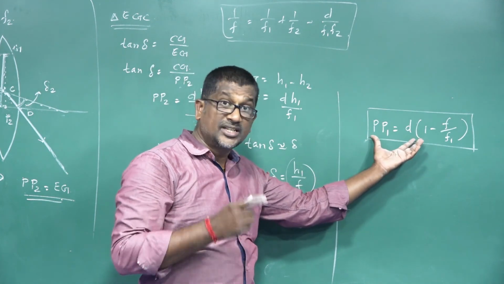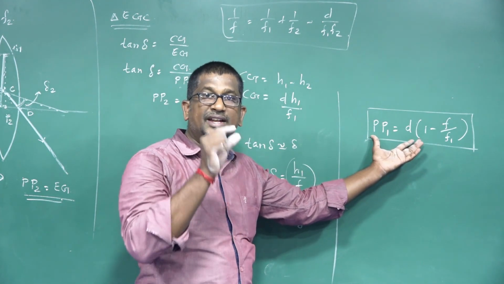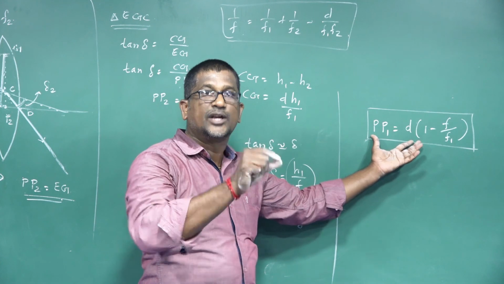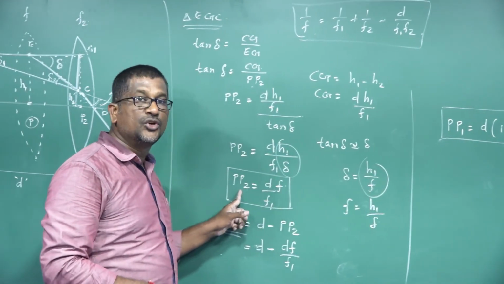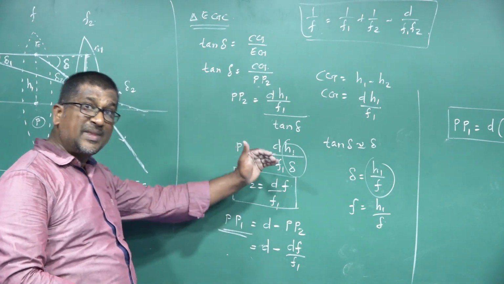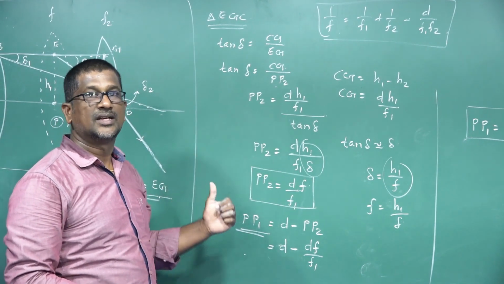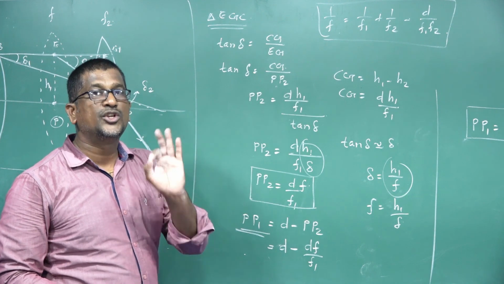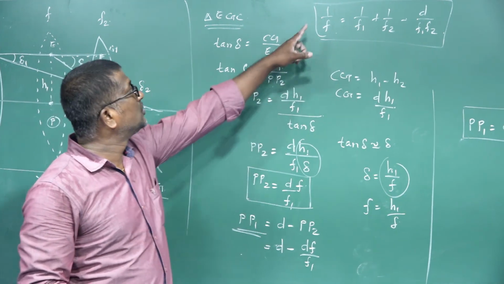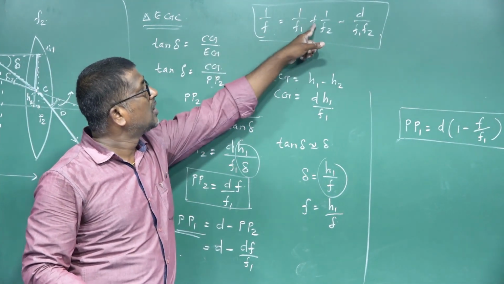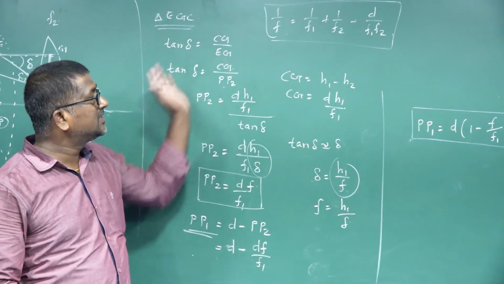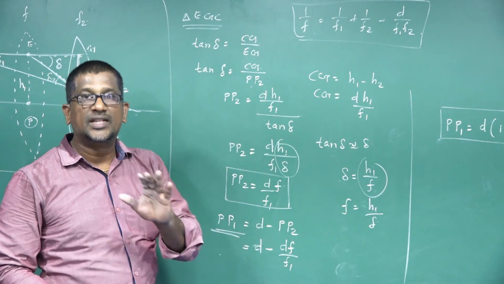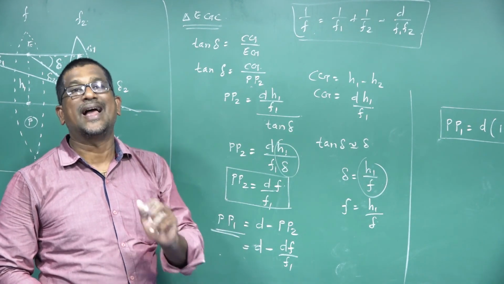This equation gives the position of the new lens, that is the equivalent lens, from the first lens. And this equation gives the position of the new lens from the second lens. And the effective focal length of the new lens can be calculated by using the formula 1 by F equal to 1 by F1 plus 1 by F2 minus D divided by F1 into F2. So these three equations are derived with the help of the concept of angle of deviation.